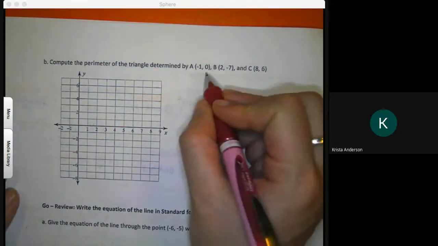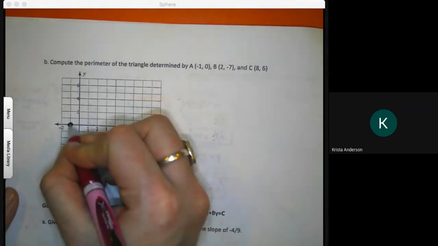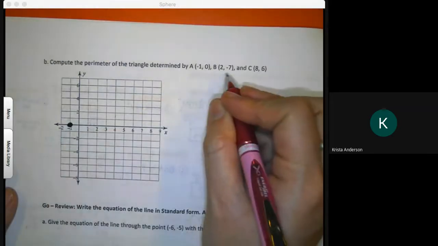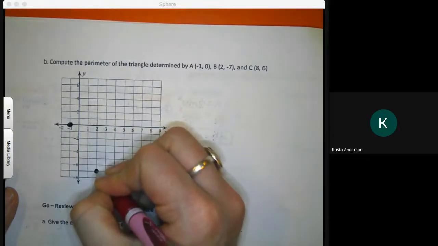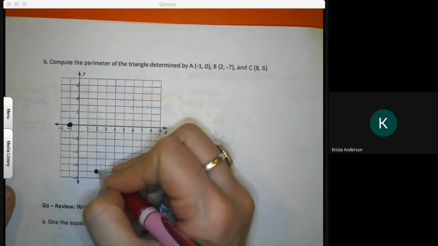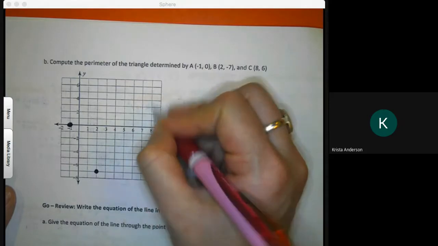Okay, turn the page. I'm going to compute perimeter again. I have a point at -1, 0. I have a point at 2, down 7. And a point at 8, up 6.